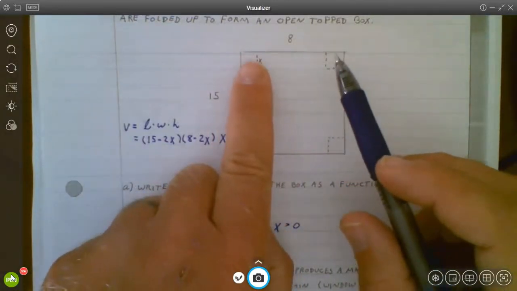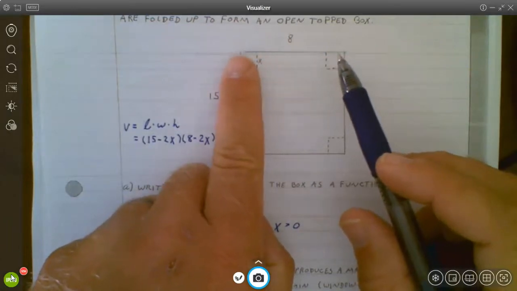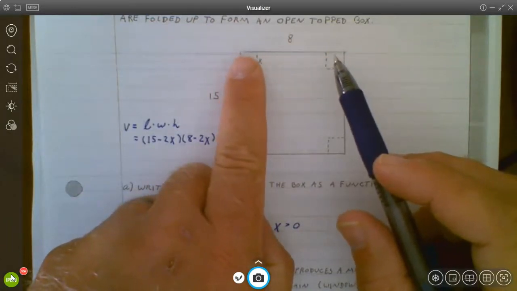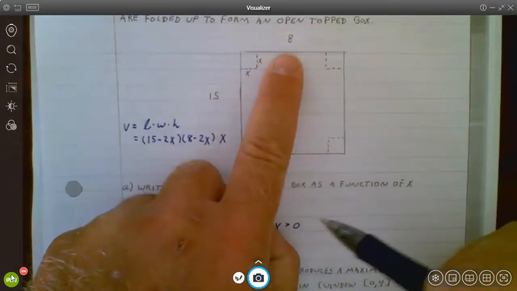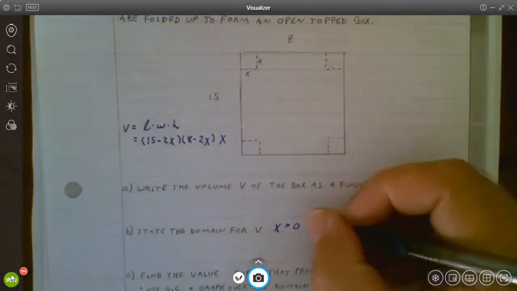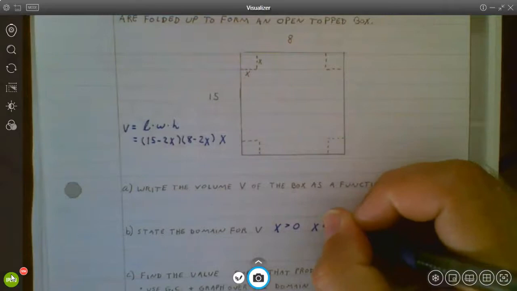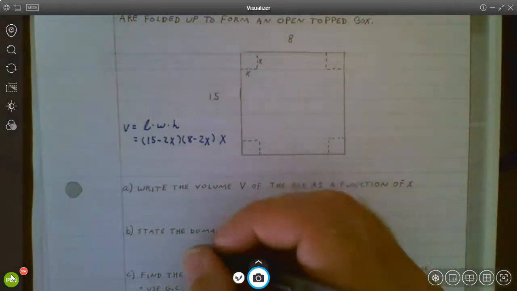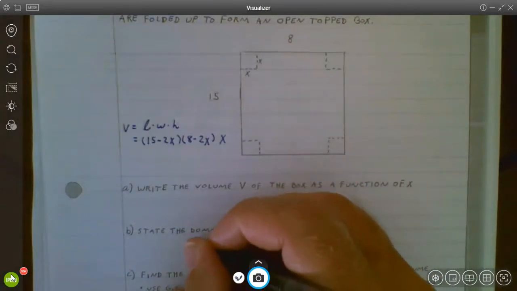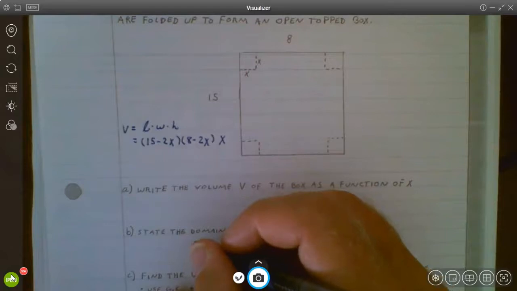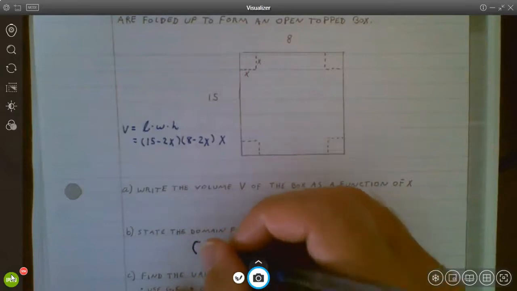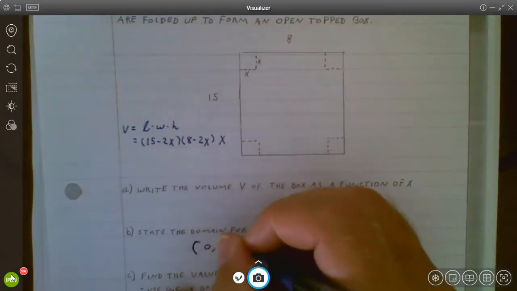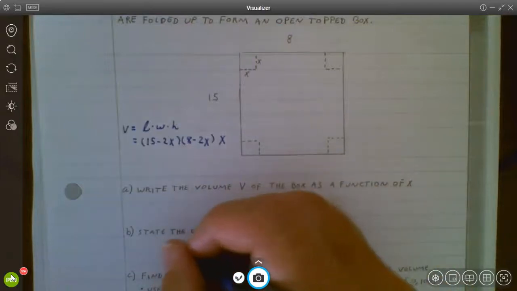So whatever these x's are here and here, got to be less than 4, since I'm removing 2 of them, and I still need something left. So our x also has to be less than 4. All right, so greater than 0, less than 4. We would probably write that this way: parenthesis, greater than 0, less than 4. So that's probably the best way to write our domain.